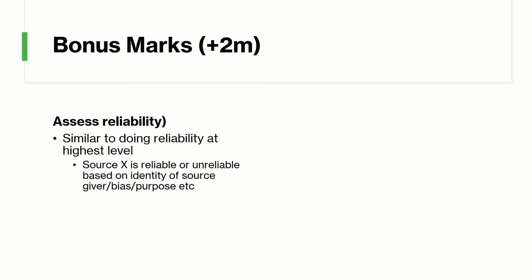For assessing reliability, there are quite a few methods, but in the constraint of time, we advise students to assess reliability using the highest level. That means whether it is reliable or unreliable based on the provenance itself, whether the source giver is somebody that can be trusted or not, whether there's bias, whether there's a certain agenda or purpose in the source. If there is a particular agenda or purpose, perhaps it's not that reliable.